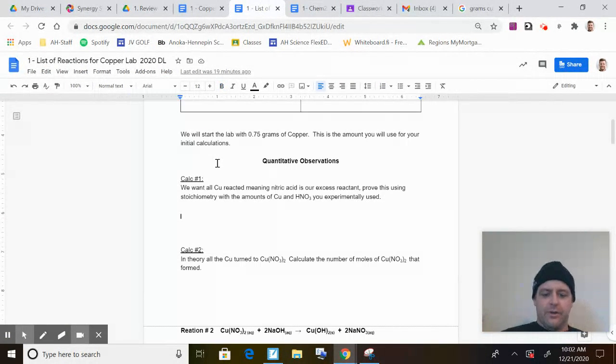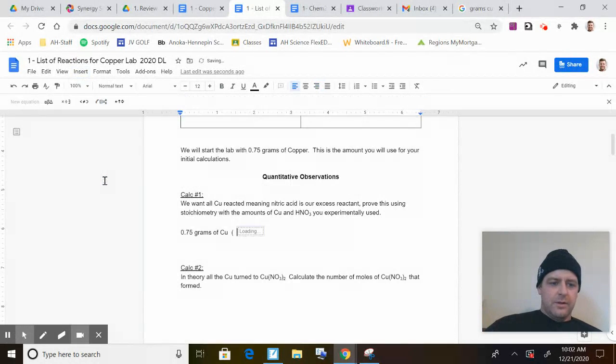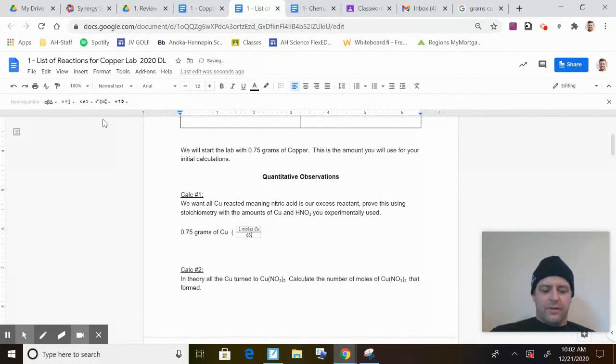Now, when you want to input into your doc, let's say I got 0.75 grams of Cu. I want to do this, okay? This makes a nice bracket. Insert, equation, A over B. Now I can type 1 mole of Cu over 63.55 grams of Cu.